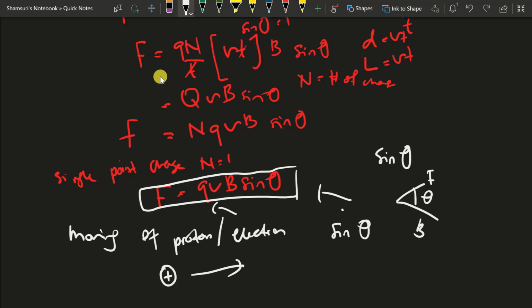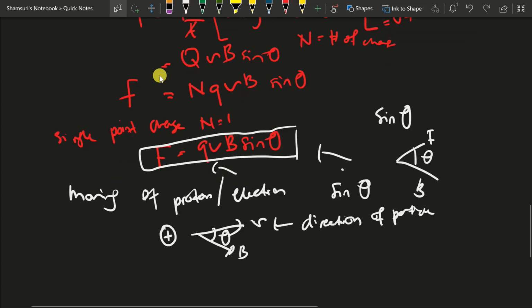So for example, if the moving particle has velocity in this direction, and then we have the magnetic field B, theta is calculated by the direction of the particle with the magnetic field B. So this is theta.